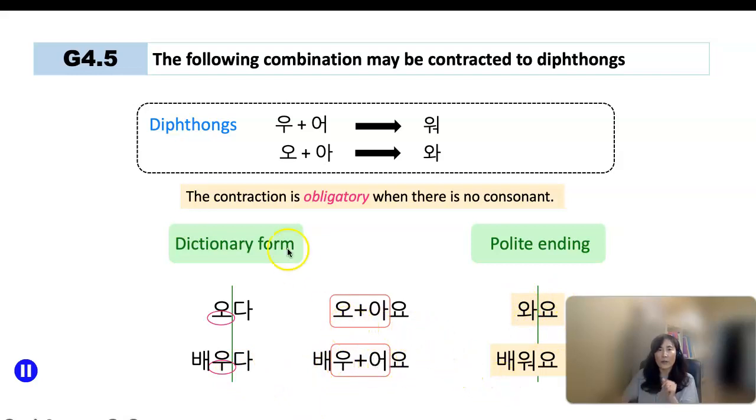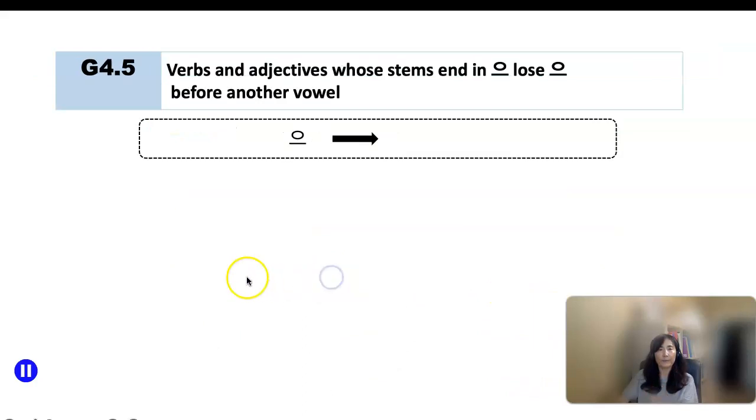Notice that when there is no consonant before o and u, the contracted form is the only option. You cannot say 오아요 or 배우어요. The contraction is always obligatory. So 와요, 배워요. These are the acceptable forms.